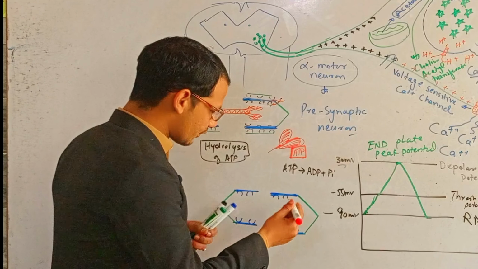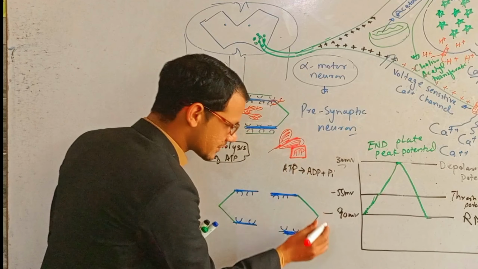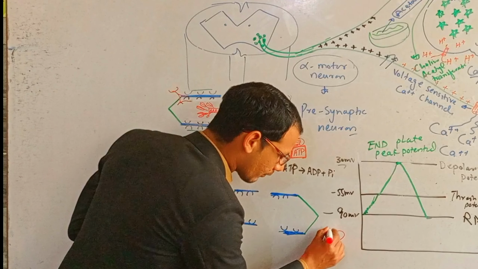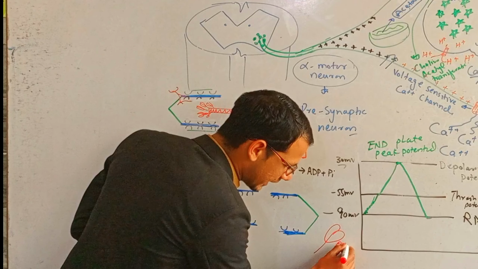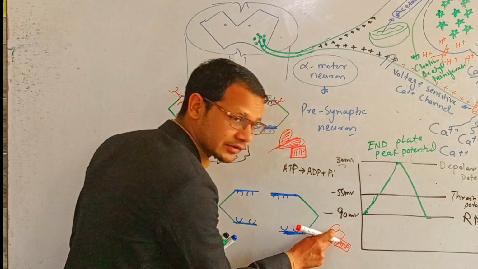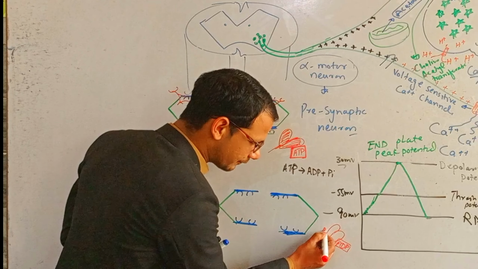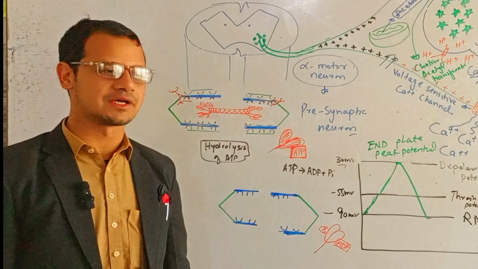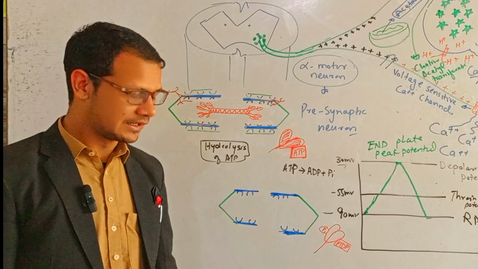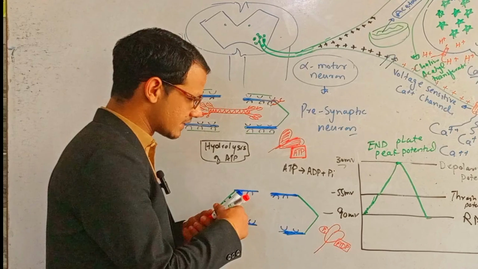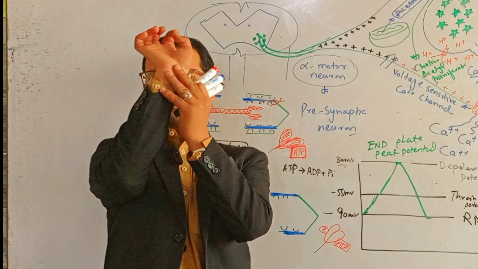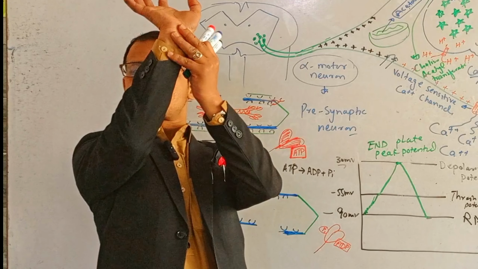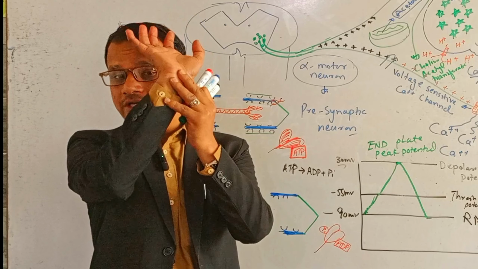Now what will happen is that ADP will bind to one part of this head and phosphate to another, and it will bring some conformational changes. That conformational change is that it will bend and attach to the actin sites.